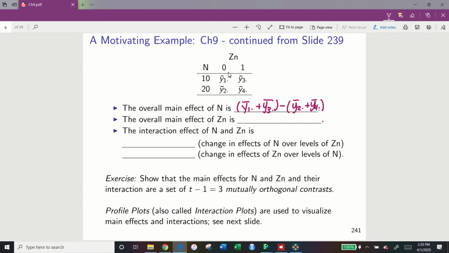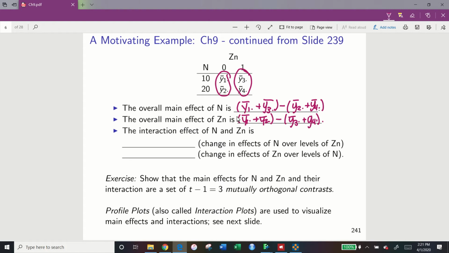So that means we would be comparing the low level of nitrogen versus the high level of nitrogen. We can do the exact same thing for zinc. We're going to compare our low level of zinc versus the high level of zinc. Or in other words, y1 dot bar plus y2 dot bar minus the quantity y3 dot bar plus y4 dot bar.